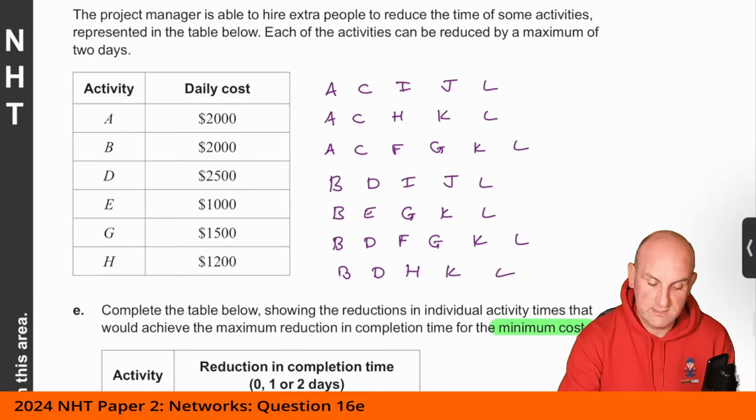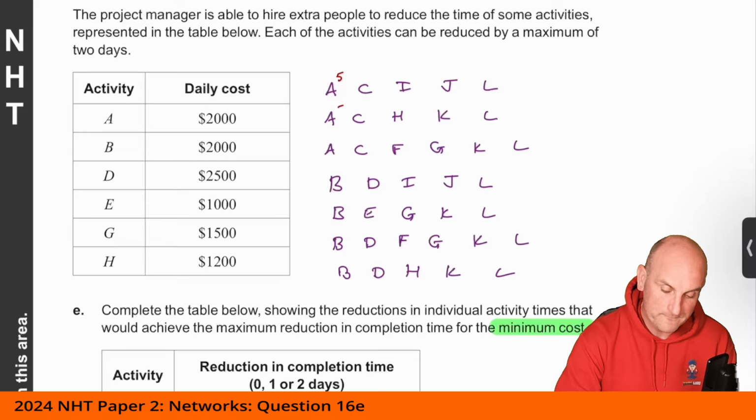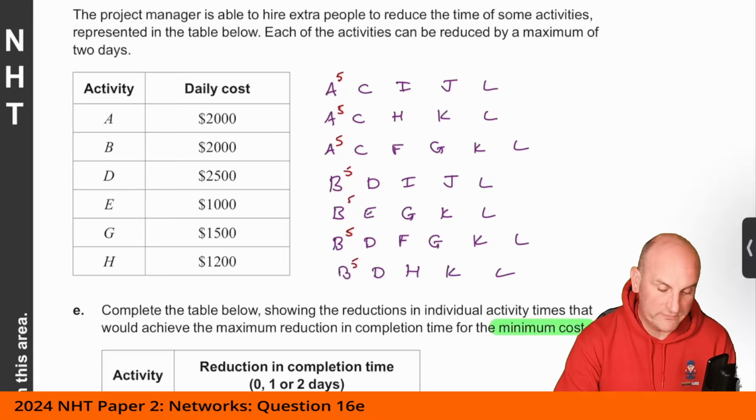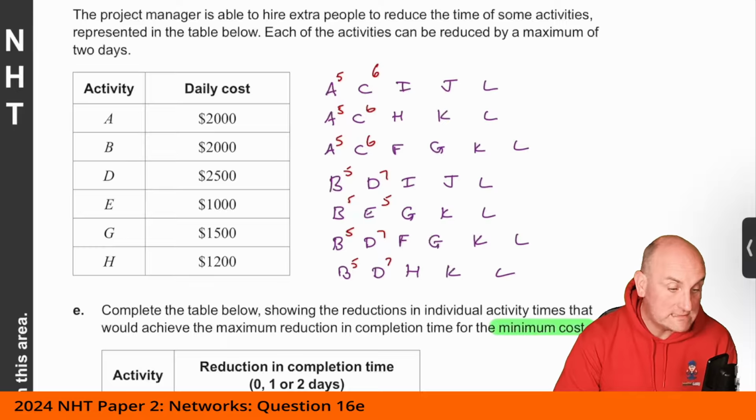Now what I do is I write on the completion time for each of those in a different number. So A is 5. B is 5. And I'm just reading these off the diagram. C is 6. So anywhere I see a C, I'm writing 6. D is, what is D? 7. E is 5. F is 3. G is 4.